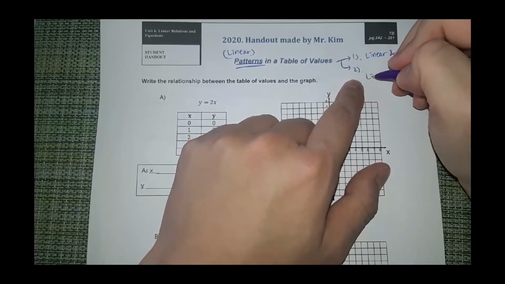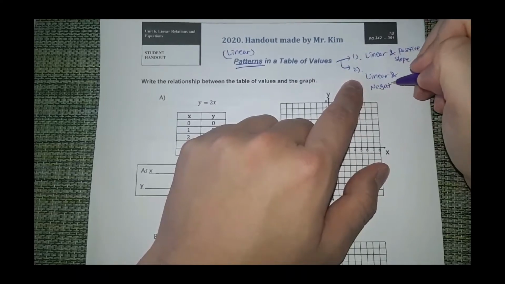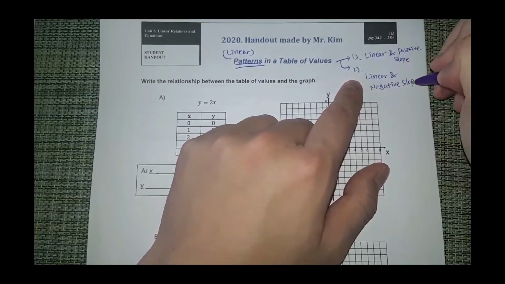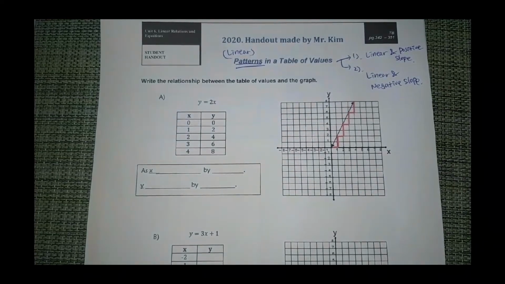The second part is linear and negative slope. So, long story short, we're looking for a linear relationship only. If the pattern is not linear, we are not going to discuss it as much at all.